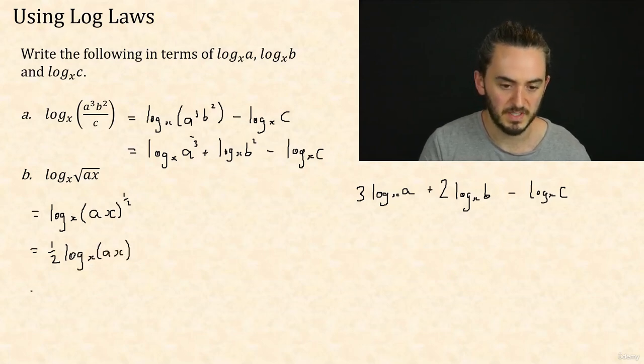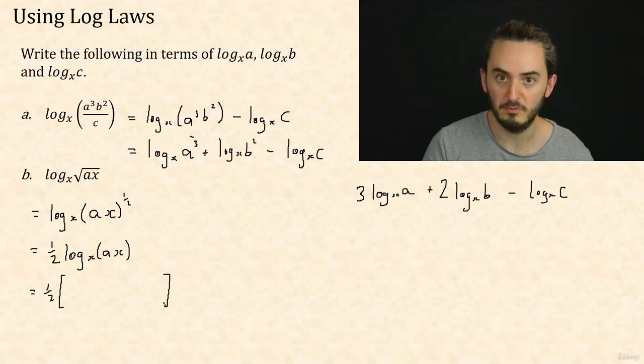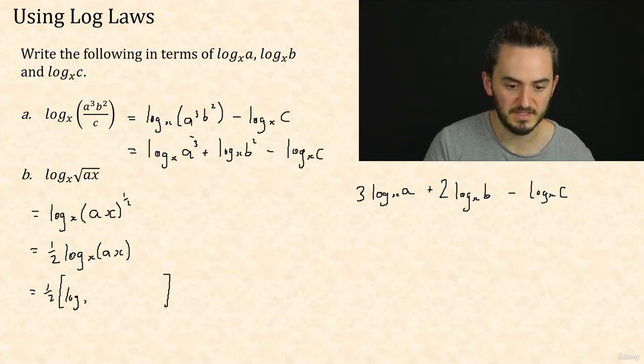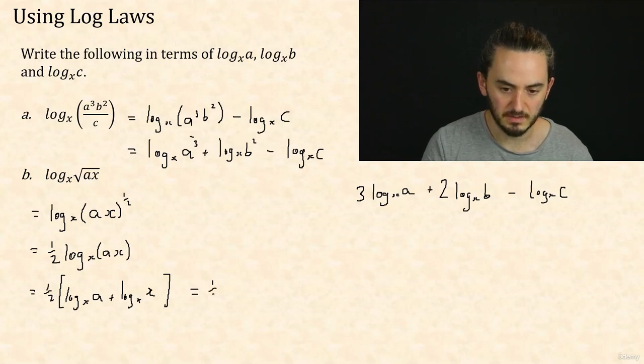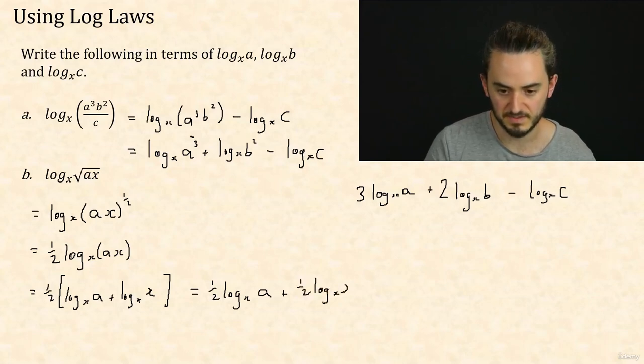And now we can work on this. Now, I better just almost consider that half as being pulled out of some big brackets, and now use my addition law for the logarithm. So the addition law will say that this is log base x of a plus log base x of x. So that gives me half of log base x of a plus half of log base x of x.